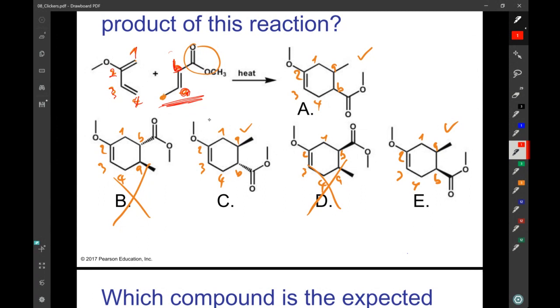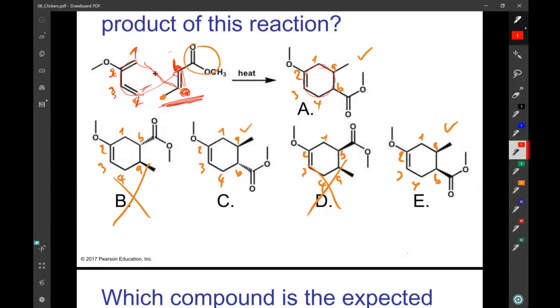And we know that carbon 1 is always connected to carbon A and carbon 4 is always connected to carbon B. Because we have a 4 carbon versus a 2 carbon, we automatically know that we'll produce a 6-member ring.